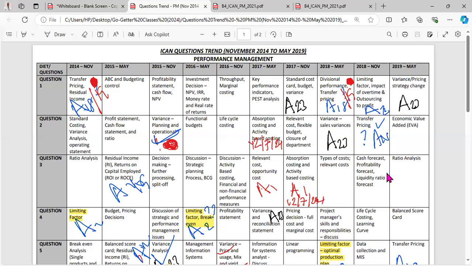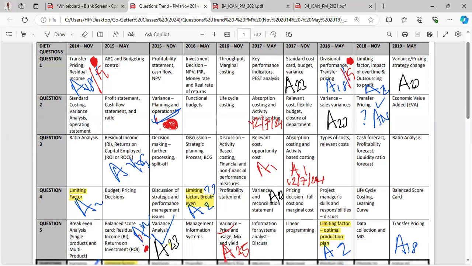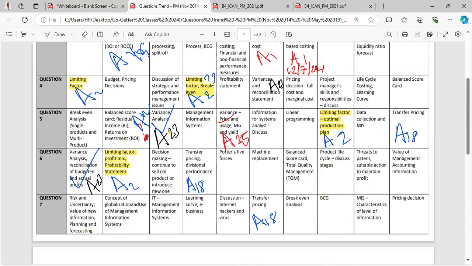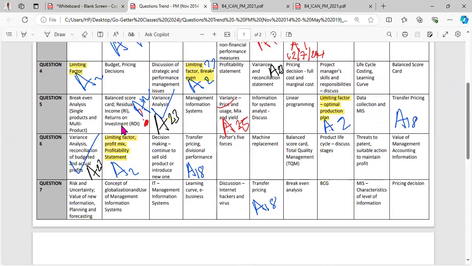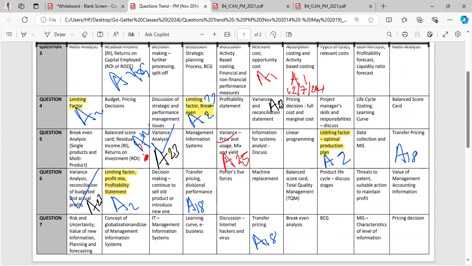This is cash forecast. Come back to that. Okay, let's see if that is something that we need to do.